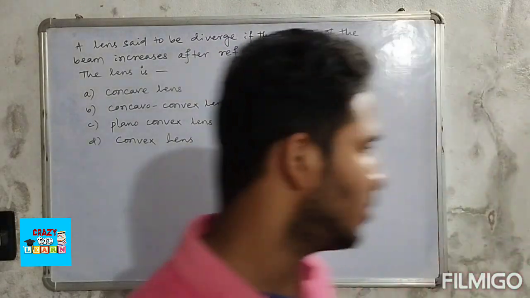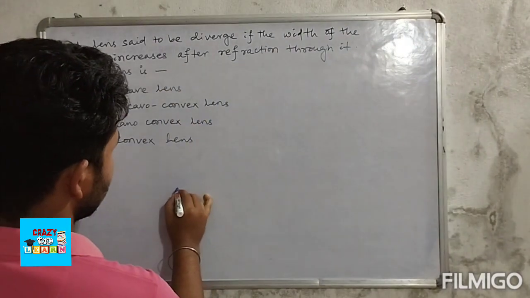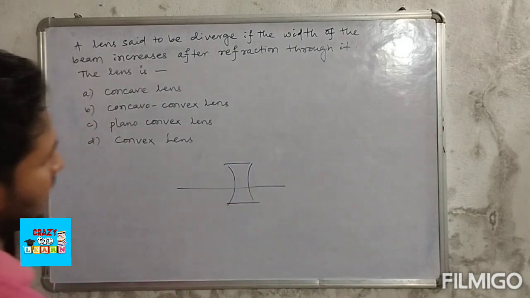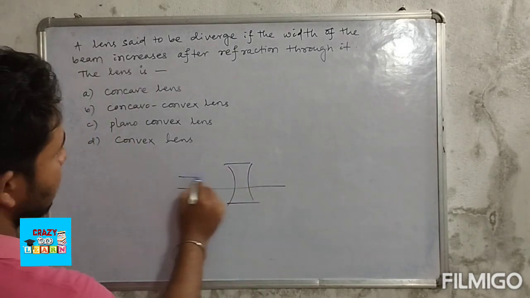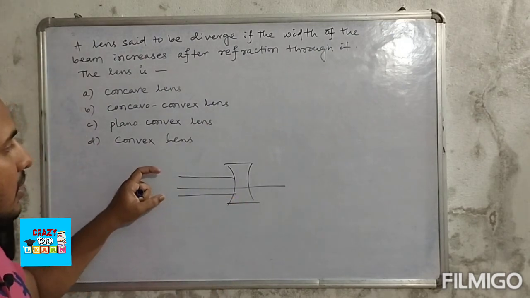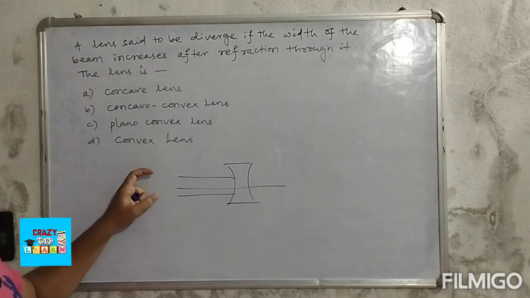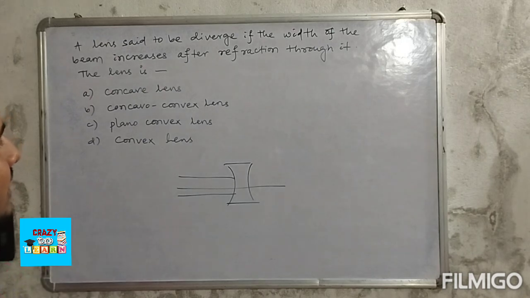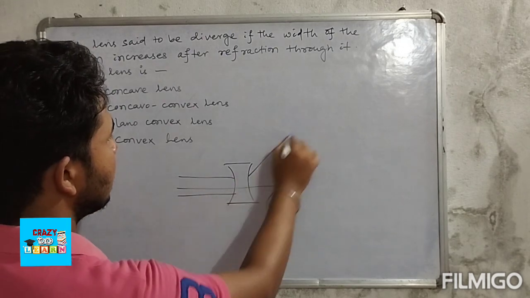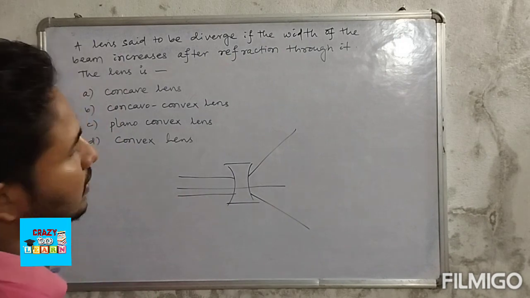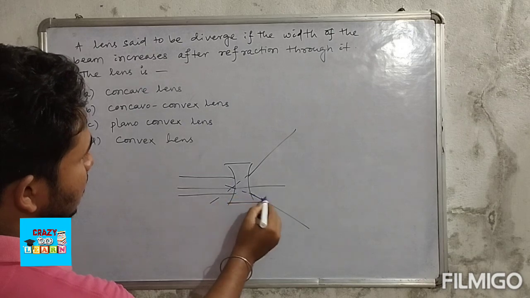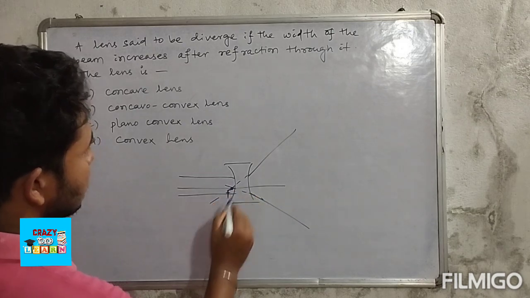So we know if it is the principal axis and it is a concave lens, the parallel light rays with the principal axis, after passing through the concave lens, they will diverge and they will appear to meet at focus.